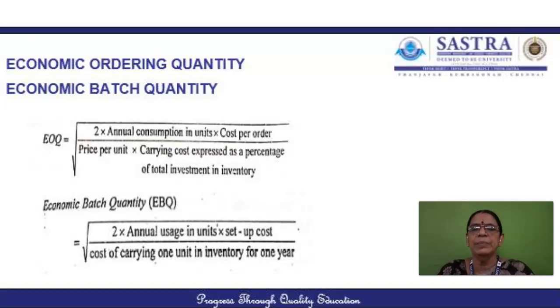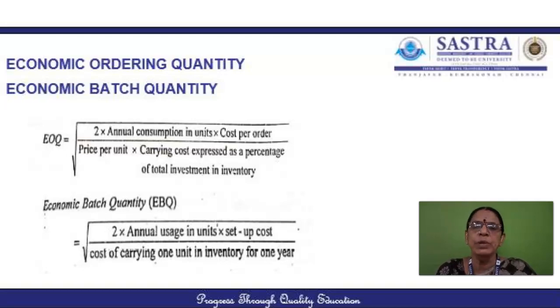The formula will be EBQ is equal to square root of 2AS divided by C, where A is the annual demand, S is the setup cost and C is the carrying cost of 1 unit per annum. Therefore, EBQ is equal to square root of 2AS divided by C.